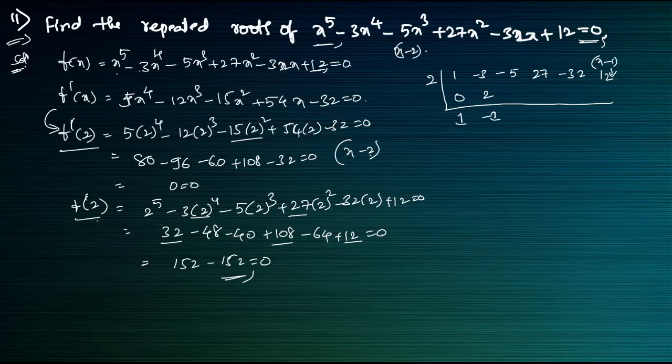Minus 1 into 2 is minus 2, minus 5 minus 2 is minus 7. Minus 7 into 2 is minus 14, 27 minus 14 is 13. 13 into 2 is 26, minus 32 plus 26 is minus 6. Minus 6 into 2 is minus 12, so the remainder is 0 here.